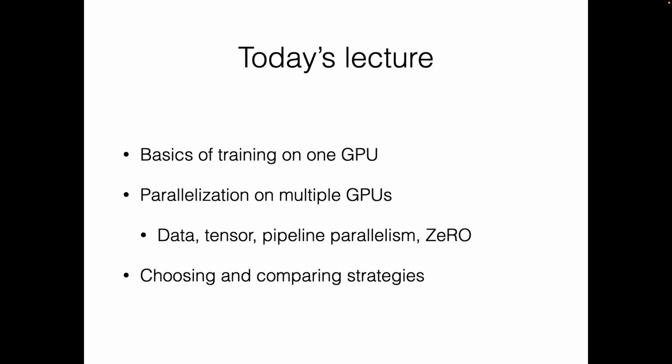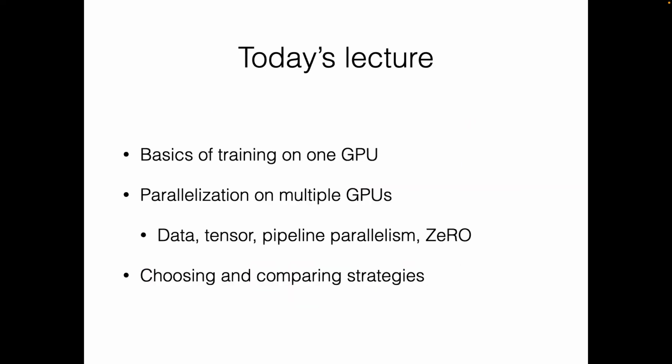We'll go over four of the main strategies called data parallelism, tensor parallelism, pipeline parallelism, and these sharding or ZeRO strategies. And then briefly at the end, we will look again at a similar image where you try many different configurations and try to see whether there are patterns in what is the best strategy, or how much gain you can get if you choose the strategy well, things like that.